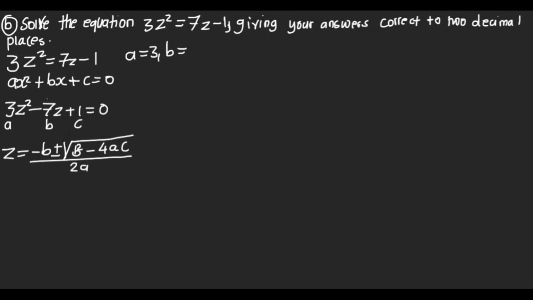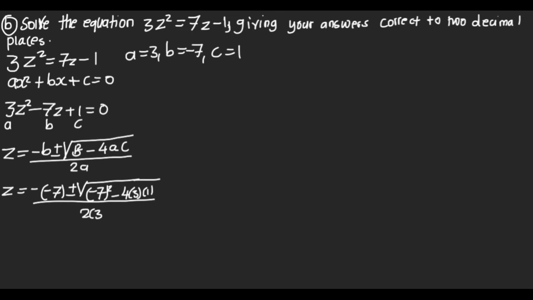Then our b is this number, -7. Our c is this number, +1. So we have z is equal to minus, our b is -7, plus or minus the square root of -7 squared, our a is 3, our c is 1, over 2 times 3.